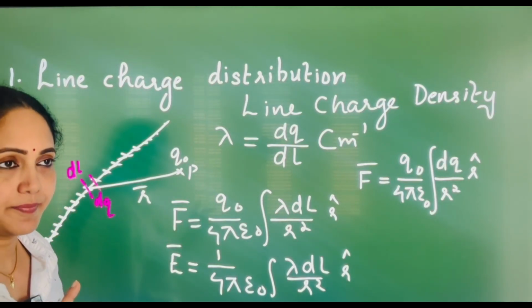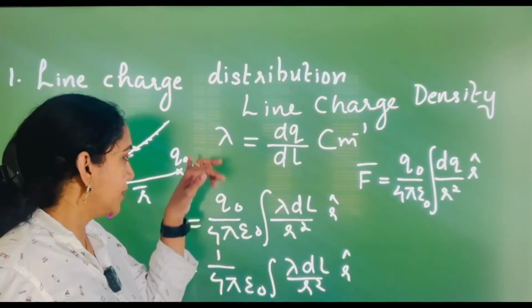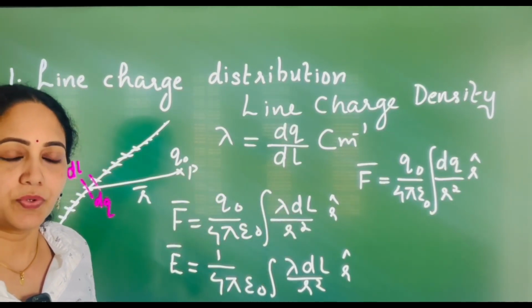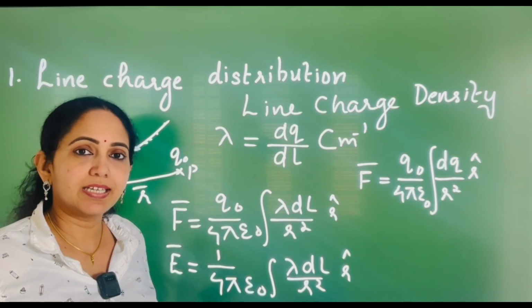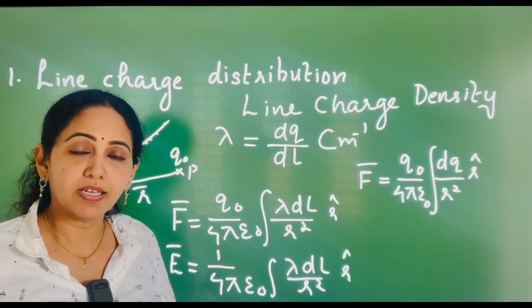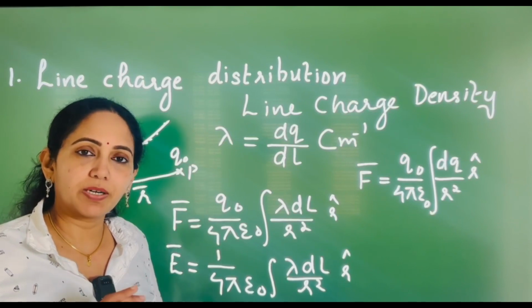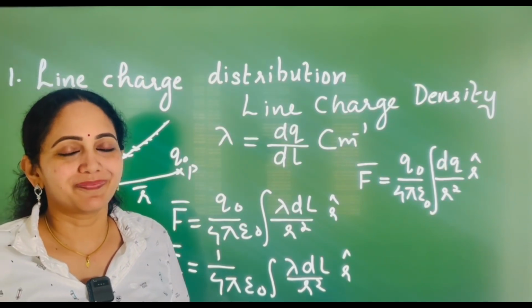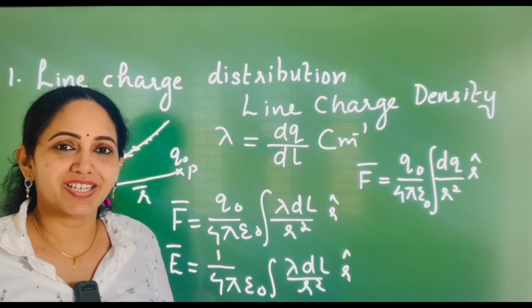Then I have written the force equation as F is equal to Q0 divided by 4 pi epsilon 0, integral lambda dl divided by r square, unit vector r, and the electric field as 1 by 4 pi epsilon 0, integral lambda dl divided by r square, unit vector r.